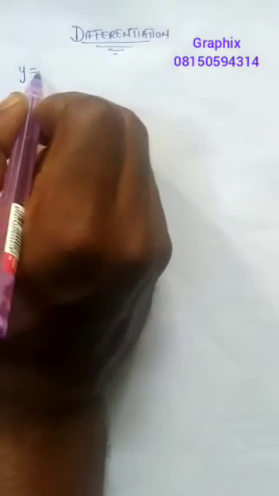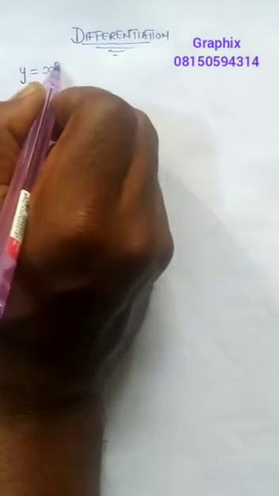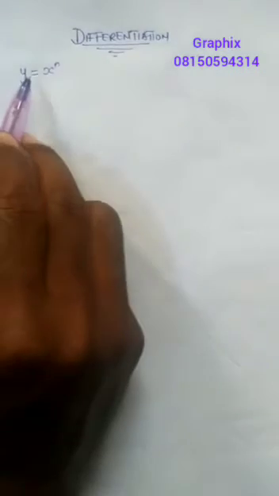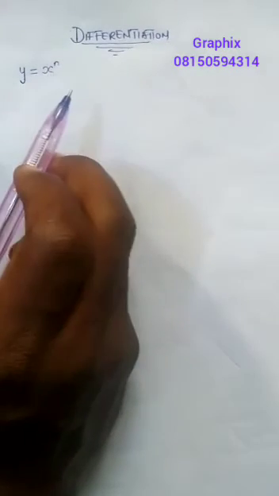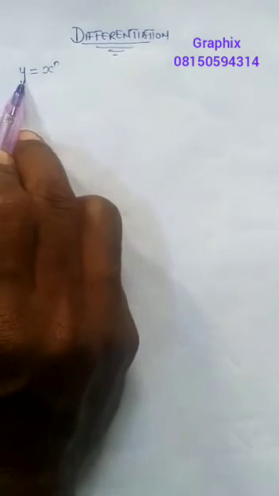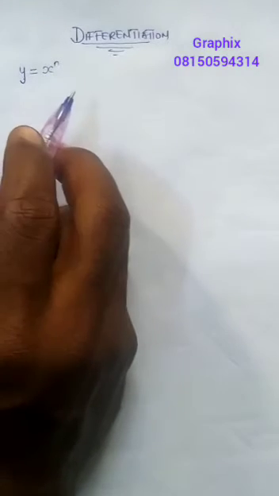Now I'll be going into differentiation to explain the concept behind differentiation. Now we know very well that if I have y equals x^n, we say y is a function of x. So whenever we're differentiating y, we differentiate y with respect to x.